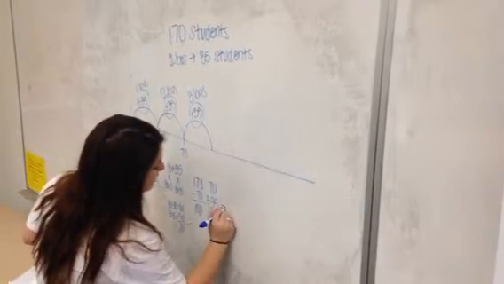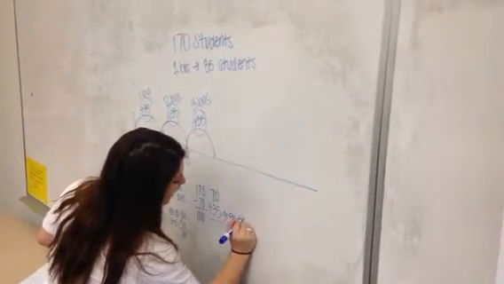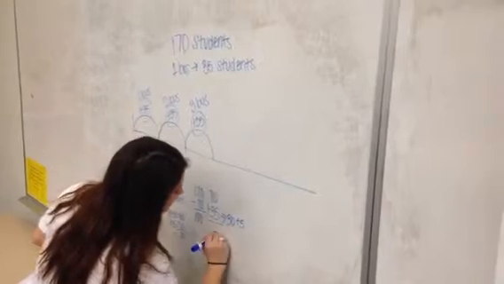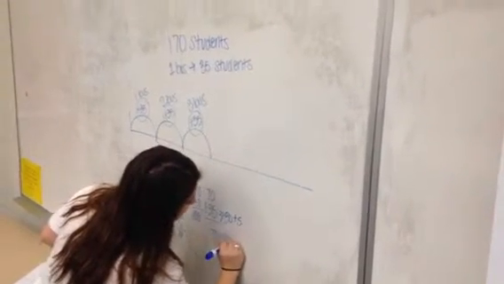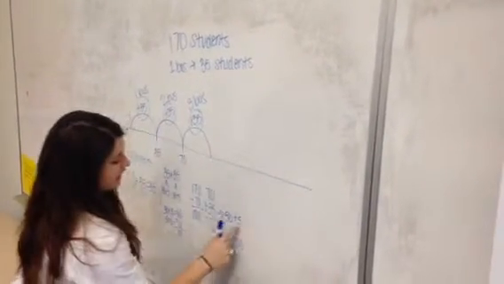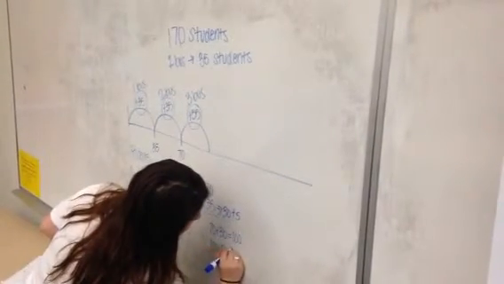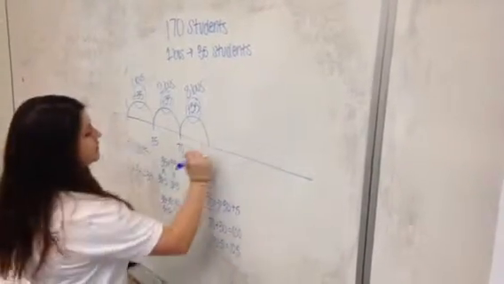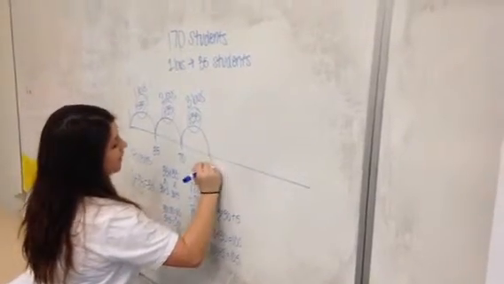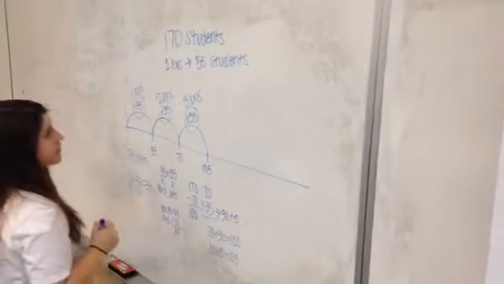And again, I'm going to break up 35 into 30 plus 5. And so 70 plus 30 gives us 100 students, and then 100 plus 5 gives us 105 students. So on our third bus, we can fit 105 students.